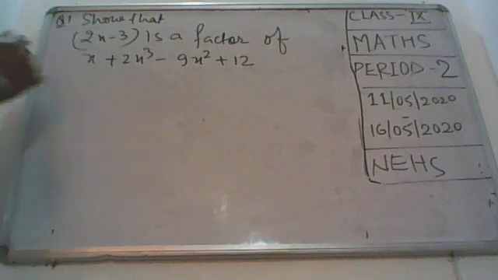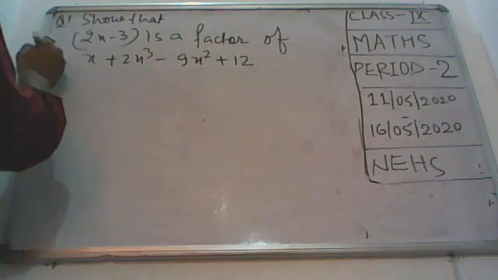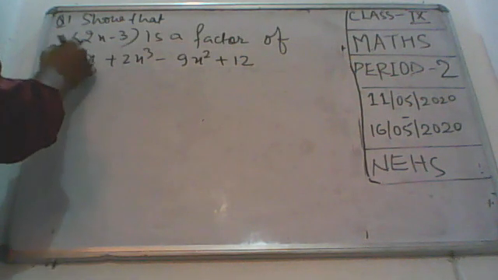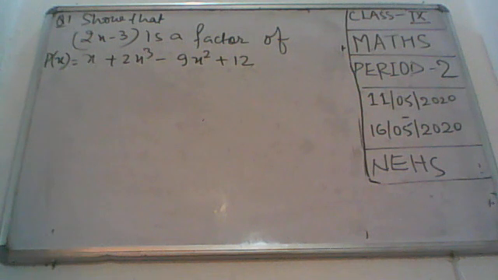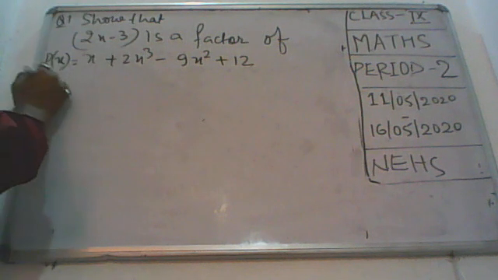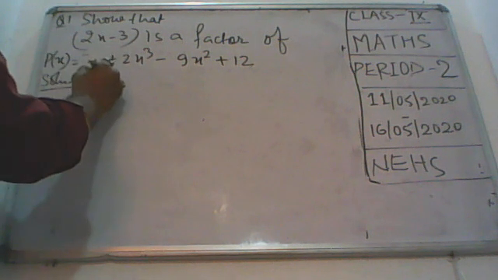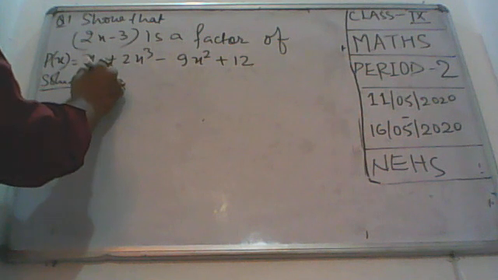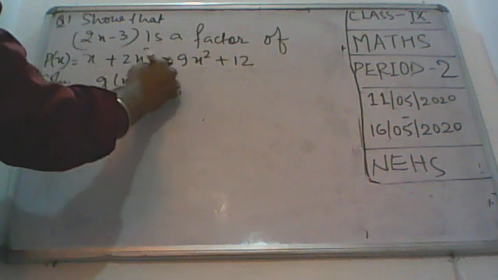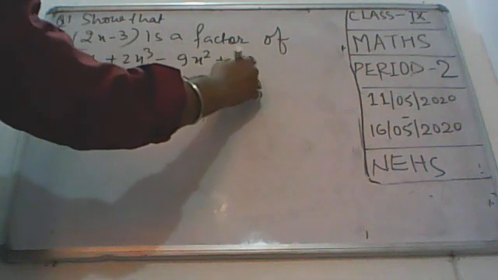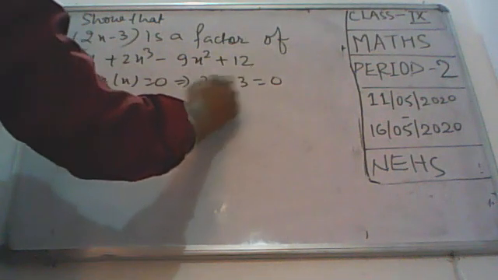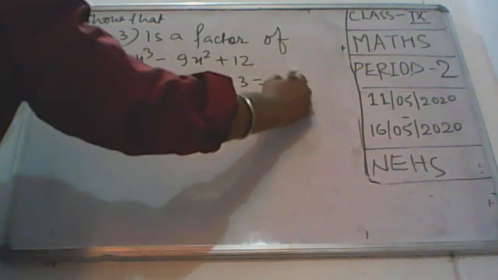That means this is my p(x), and this is my g(x). What I have said is that g(x) should be equal to 0. That means 2x minus 3 is equal to 0, so x is equal to 3 by 2.